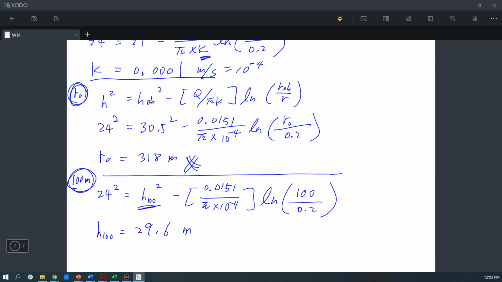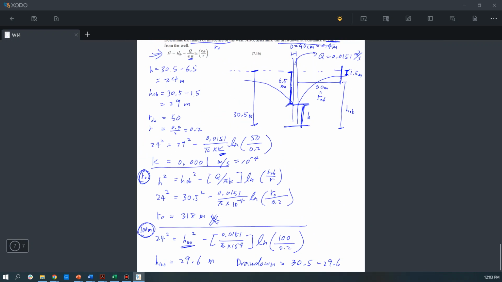But we want to solve the drawdown. So the drawdown is 30.5, which is the thickness of the aquifer, minus 29.6. This gave us 0.9 meter. So if we visualize that, we have another observation well here.